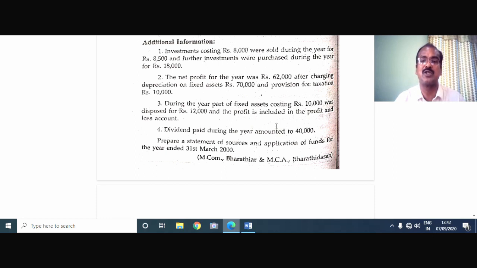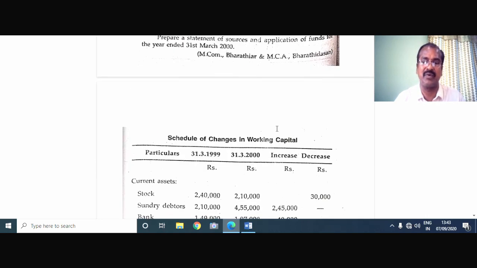The profit is also, we have discussed, channelized through fixed asset account. The dividend proposed is already recorded in the adjusted P&L account. It will also be taken over to the funds flow statement and recorded under application of funds.